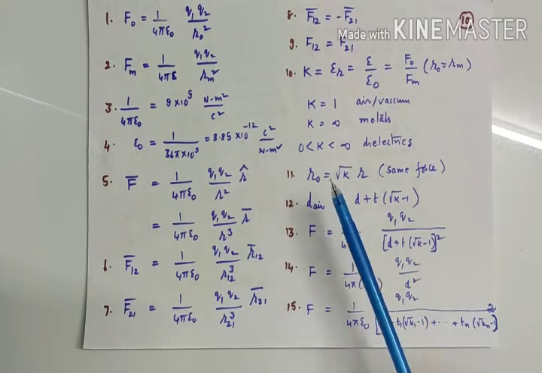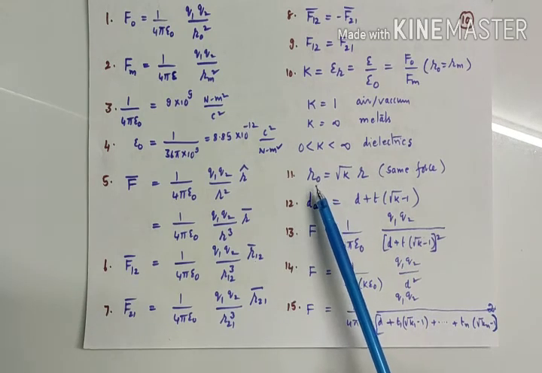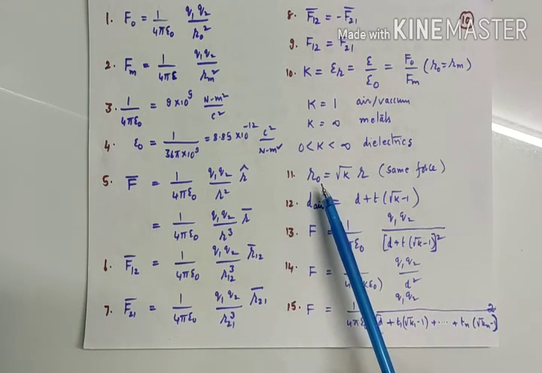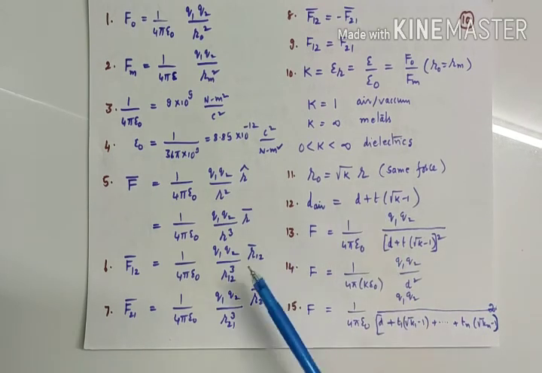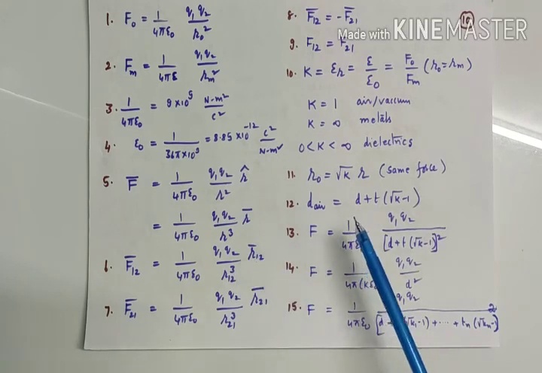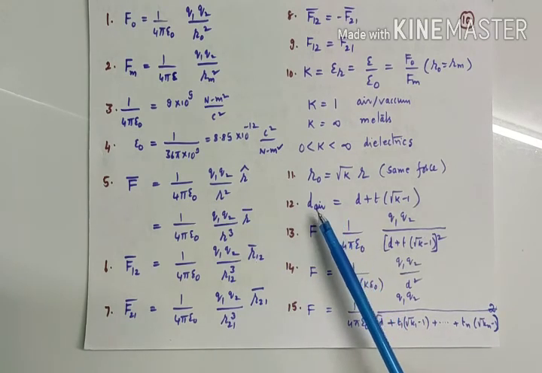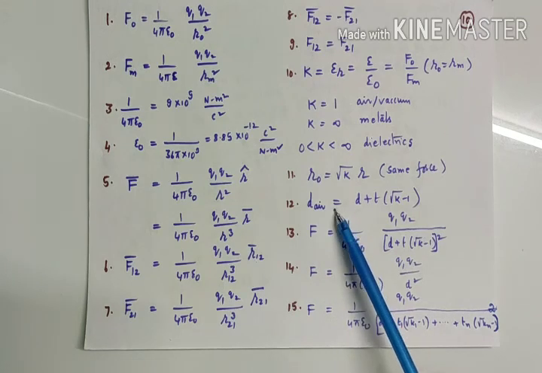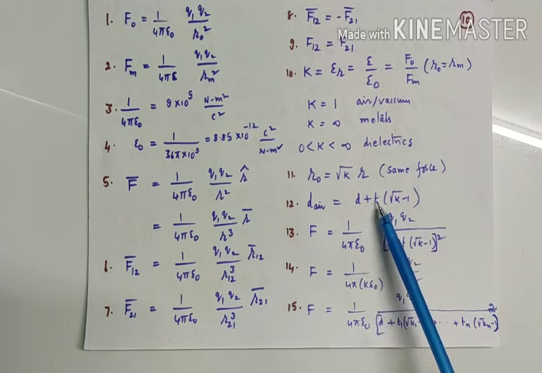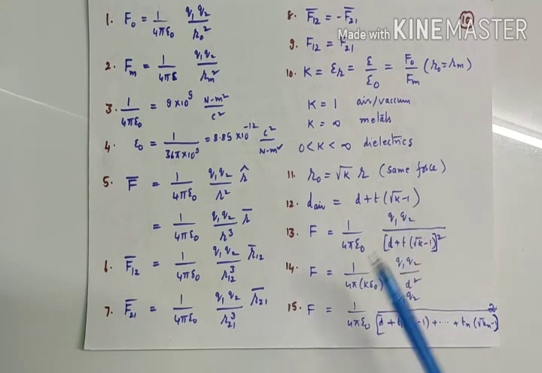And next one, if two charges experience the same force in air or vacuum and in medium, then their distances are related as R0 is equal to root K into R. When a partial dielectric medium is present, then the effective distance felt by the charges is d air equal to d plus t into root K minus 1.